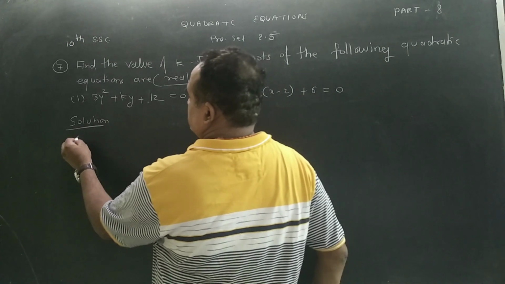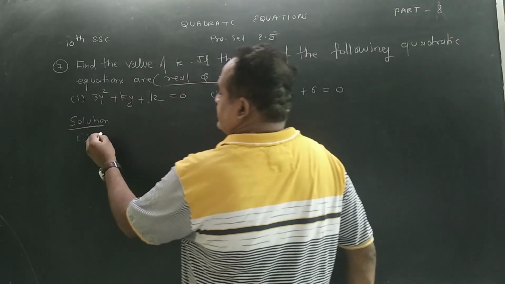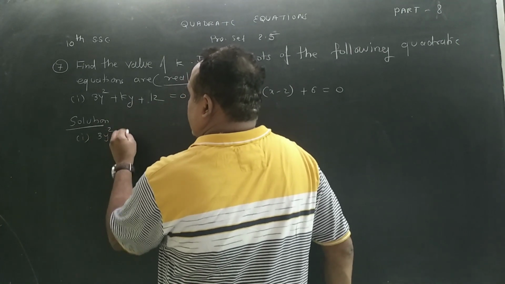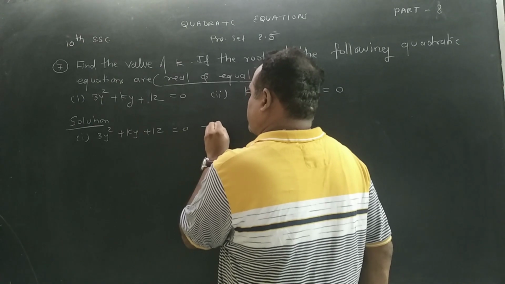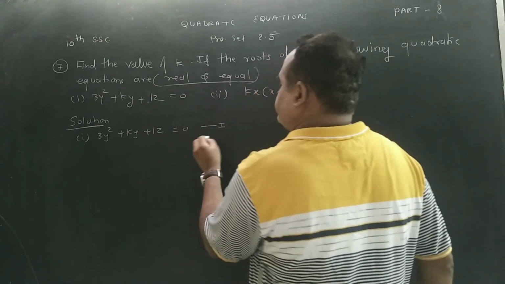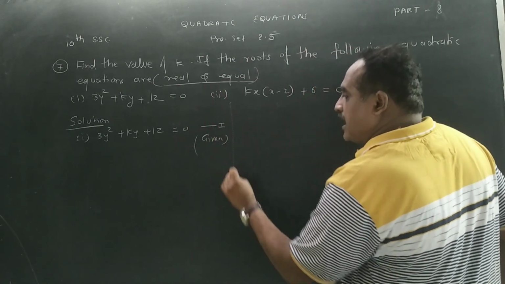What do we do for this? We'll go for the first question. There are two questions given. What is that? 3y square plus ky plus 12 is equal to 0. It is equation 1. It is given. Okay, have you understood this now?